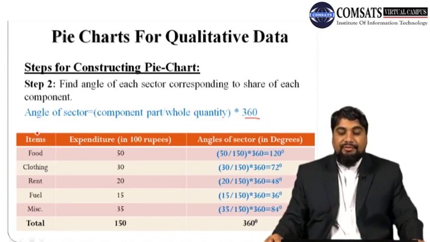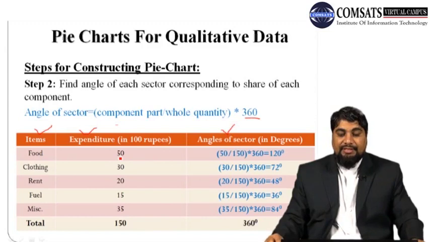So look at the following table containing data. So items and the expenditure in 100 rupees. And now in the third column we construct angles of sector in degrees. So we will use this formula to find the angle of each sector.